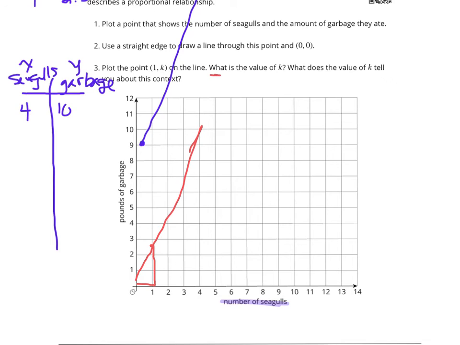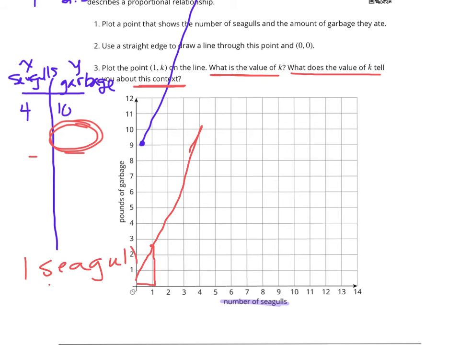The question says, what is the value of k? Well, our k would be that 2.5. That's our constant of proportionality. What does that value of k tell you about this context? So as a sentence, in words, what this means is not just that I go over 1 and up 2.5. It means that when I have 1 seagull, it would eat 2.5 pounds of garbage.